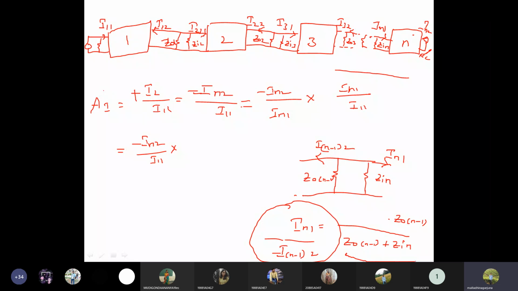So what is this? Z0 of n minus 1 means the previous stage output impedance by the total input impedance.